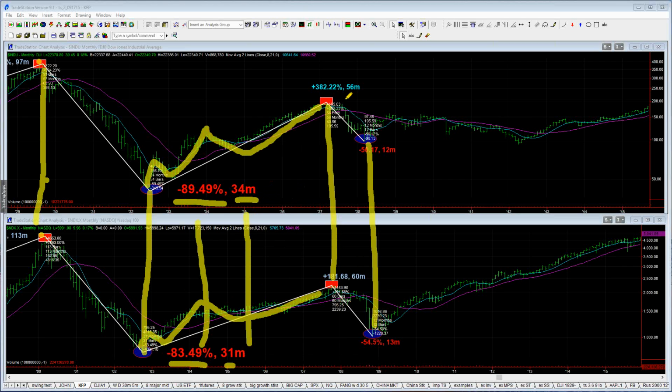The percentages are off, this being 382%, which is almost a Fibonacci 377. This is 181%, but the time frame is almost the same at 60 months for this and 56 months for this. So these are very similar types of retracements.